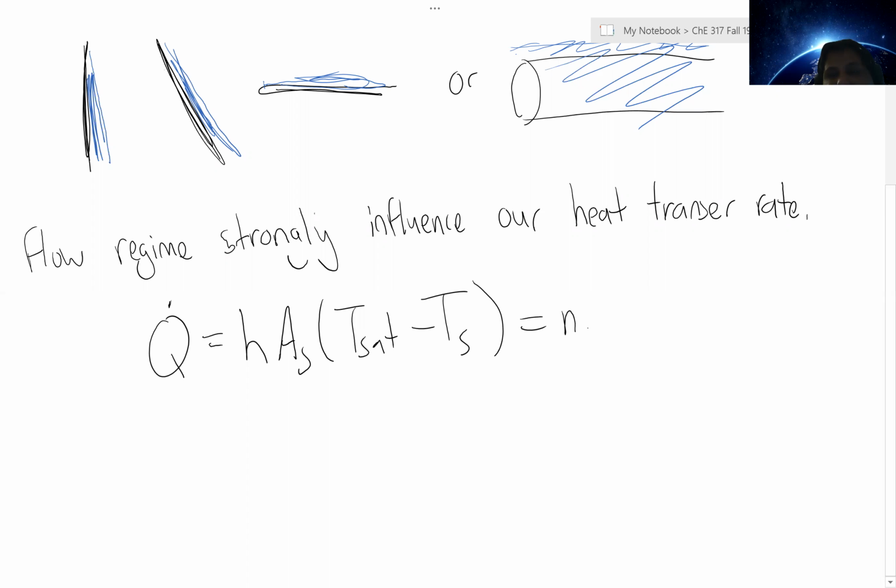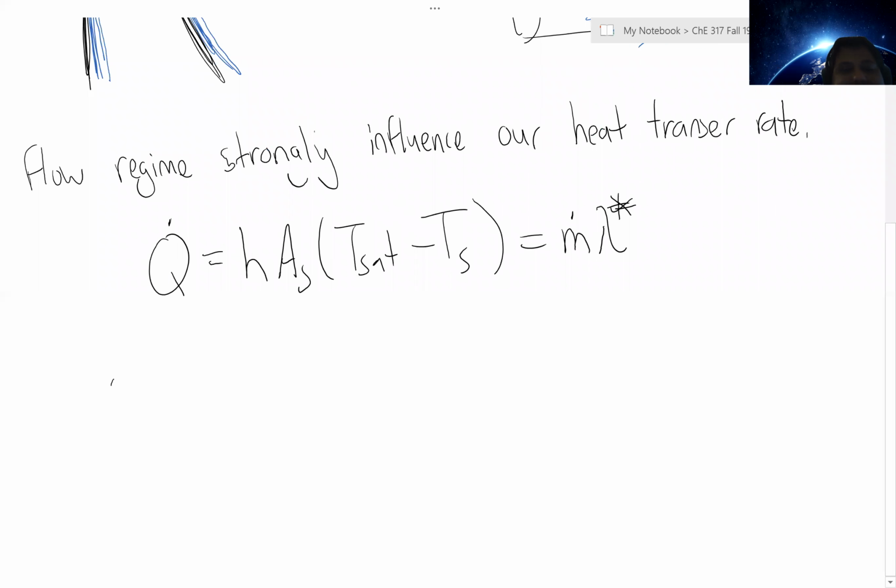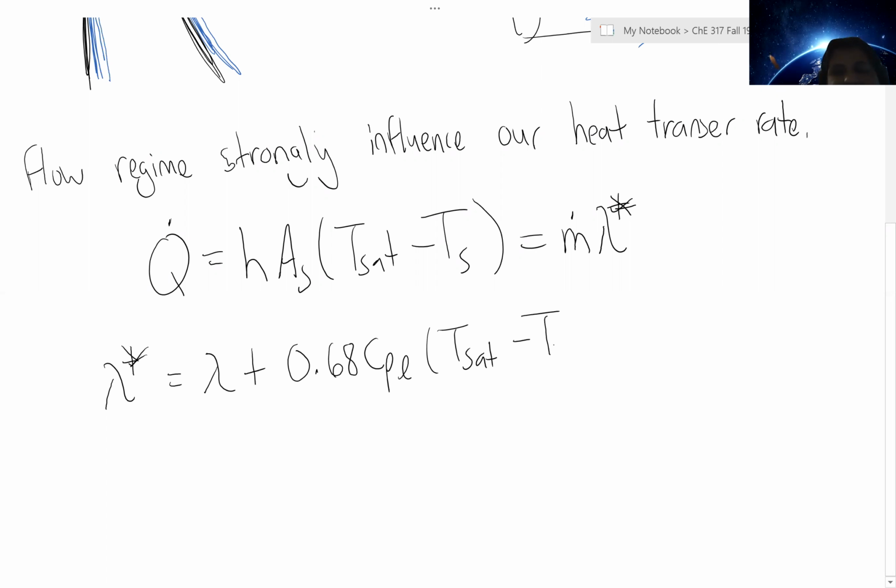That also is equal to the condensate rate times our modified enthalpy of vaporization, where lambda star is lambda plus 0.68 times the heat capacity of the liquid times our saturation temperature minus our surface temperature. And that accounts for the subcooling that is experienced by the fluid as it flows off the plates and off the tube.